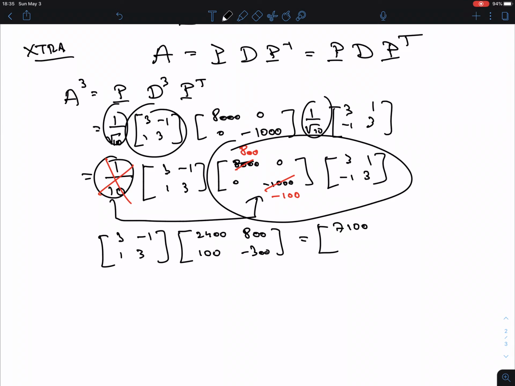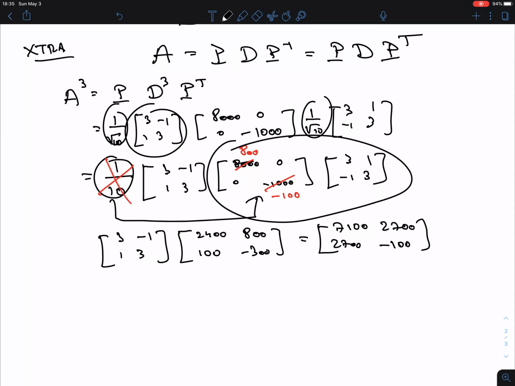Then we get 2400 plus 300, that is 2700. Then we get 2400 plus 300, 2700. This better be symmetric, right? So that's going in good shape. 800 minus 900, that is minus 100. And so that is the cube of my matrix A.